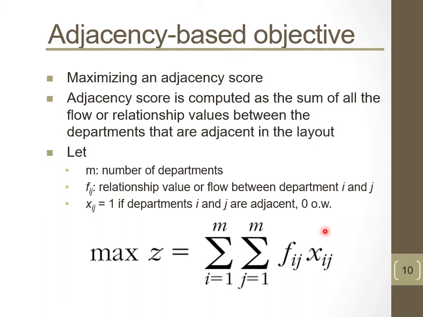Then, in order to calculate our adjacency-based scoring, we multiply the flow or the relationship between department i and j with this Xij to understand if they are adjacent to each other or not. And we take the summation over all departments, and we want to maximize this value.